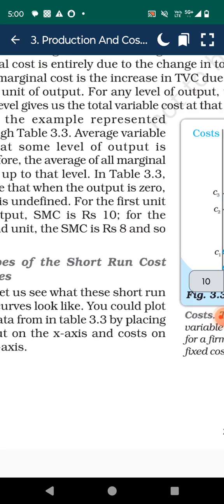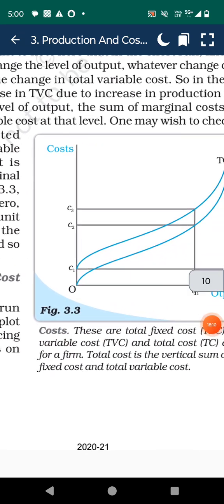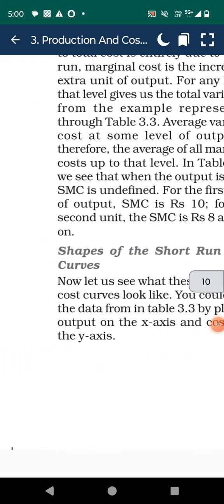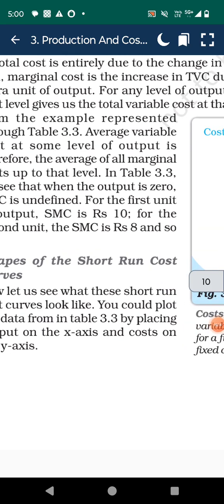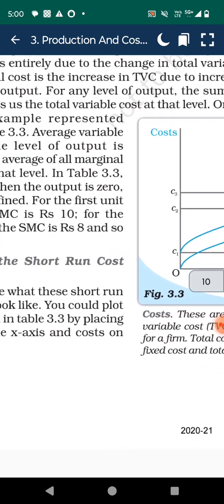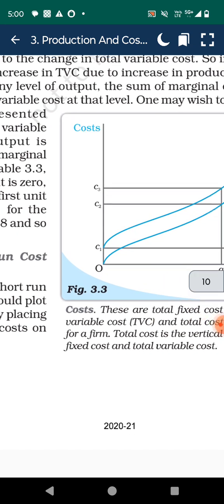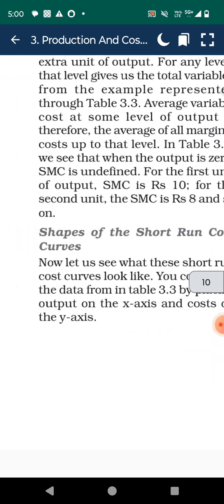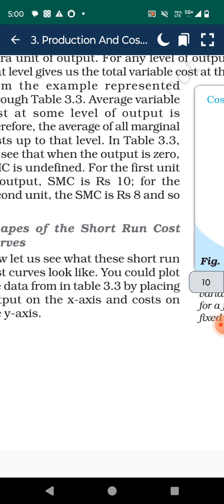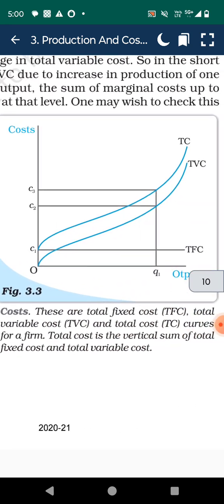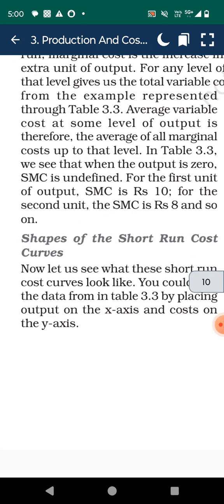So in the short run, marginal cost is the increase in TVC due to the production of an extra unit of output. For a given level of output, the sum of the marginal costs up to that level gives us total variable cost at that level. One may wish to check this from the example represented through Table 3.3.